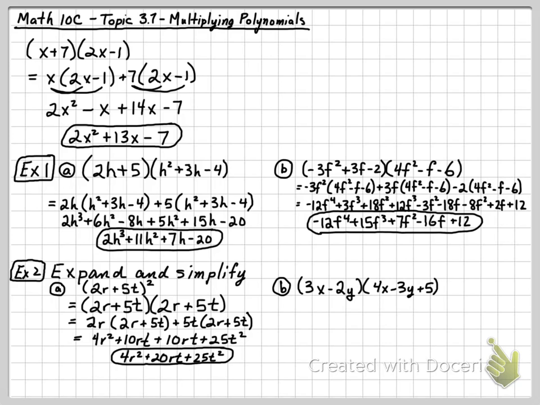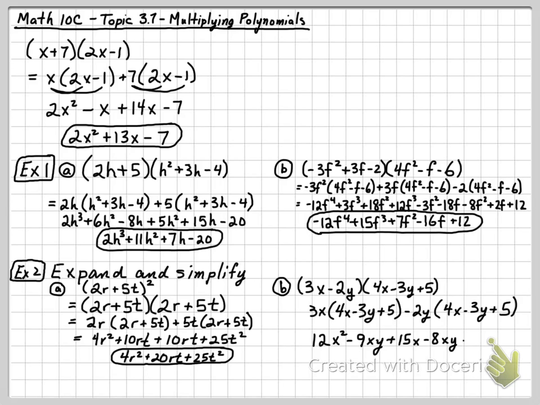In B, this time we've got different variables, so we're going to go 3x times 4x minus 3y plus 5, minus 2y times 4x minus 3y plus 5. And we're going to get 12x squared minus 9xy plus 15x. The next bracket is going to become minus 8xy.